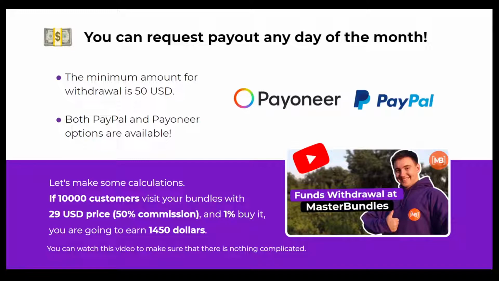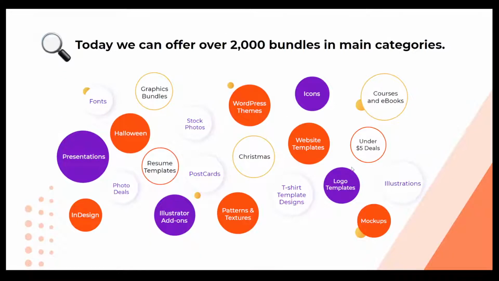As a result, you will be able to earn $1,050. It is a great example that hard work pays off, so be sure that once you earn your funds, you will have no issues withdrawing them with Master Bundles. Let's jump to the next slide.